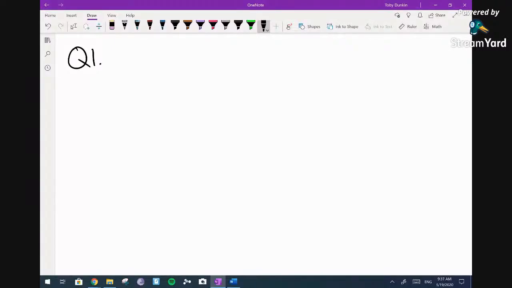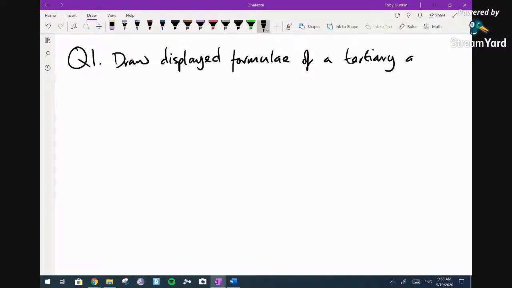So the question would be: draw displayed formulae of a tertiary alcohol with 6 carbons, 2 branches.